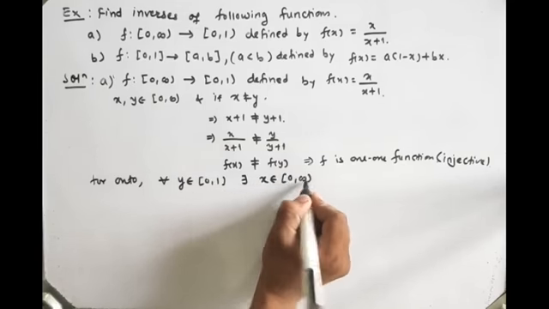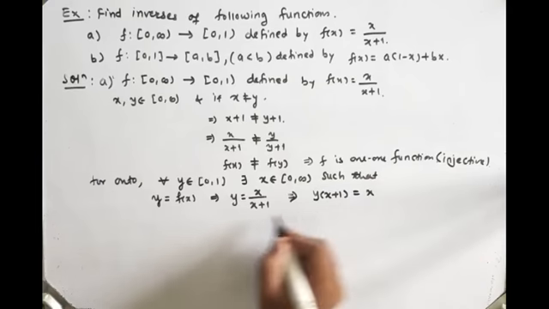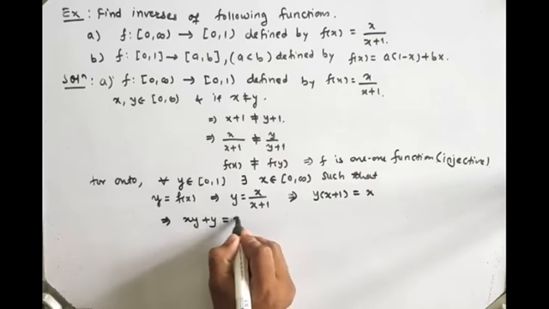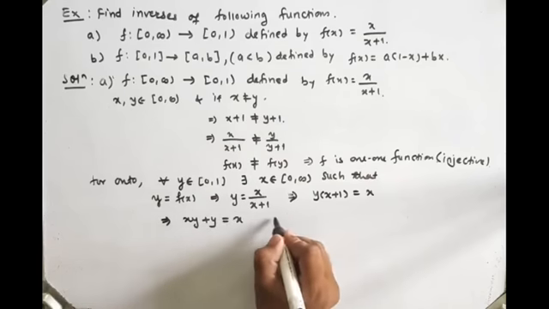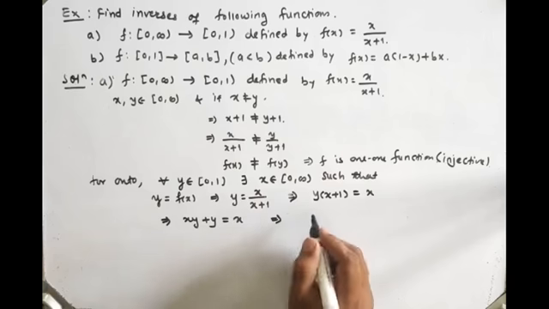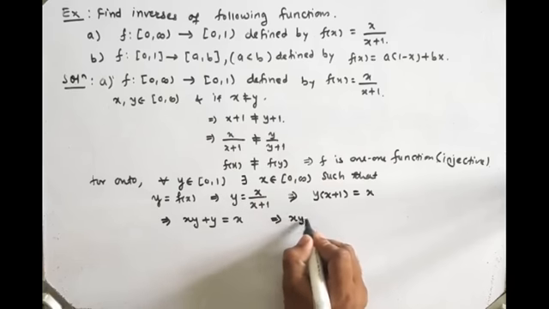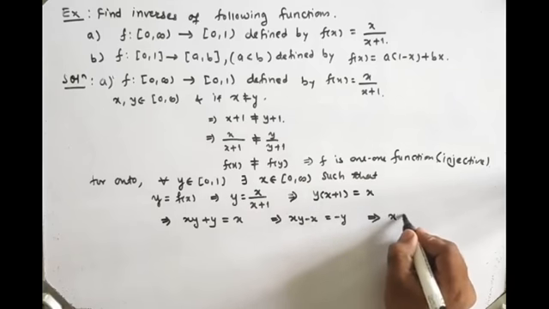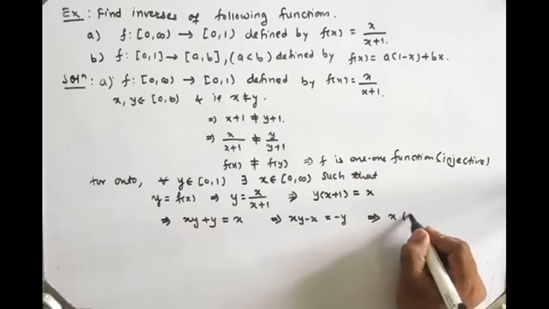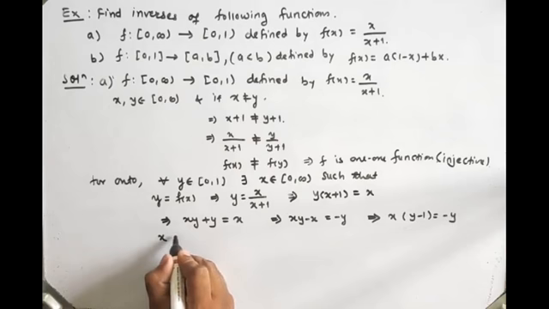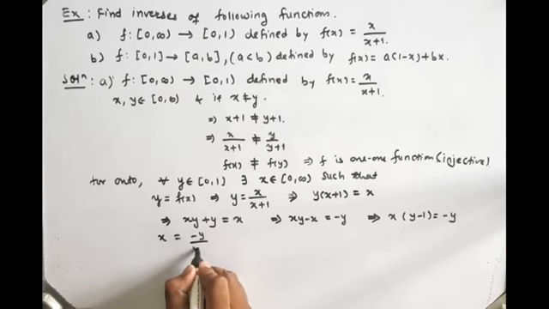So y into x plus 1 is equal to x, which implies x into y plus y is equal to x. I will solve for x: xy minus x is equal to minus y, which implies that, taking x as common, x into y minus 1 is equal to minus y.